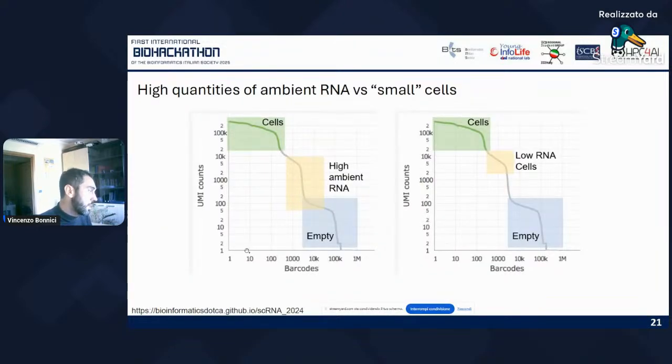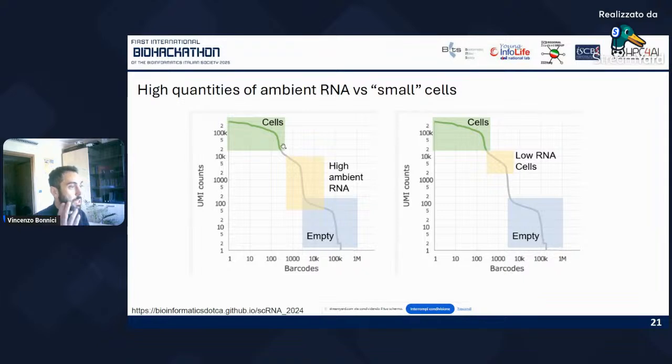So usually, if you take the barcodes, so actually the cells of your experiments, after grouping the reads by these barcodes and by the UMI, and after the deduplication step, and you sort these cells according to the number of UMIs that are mapped to that cell, you obtain a chart like this.